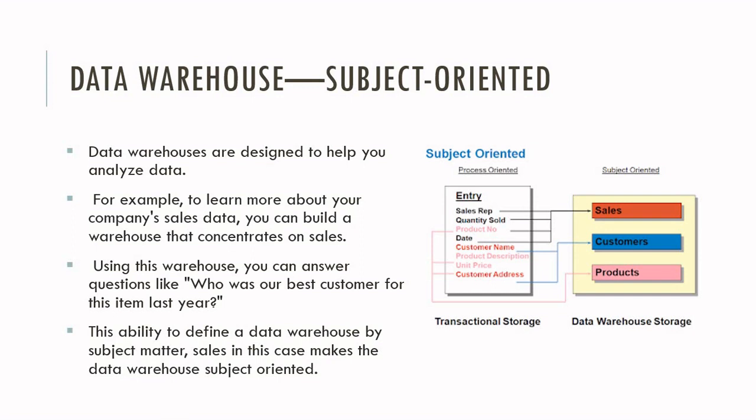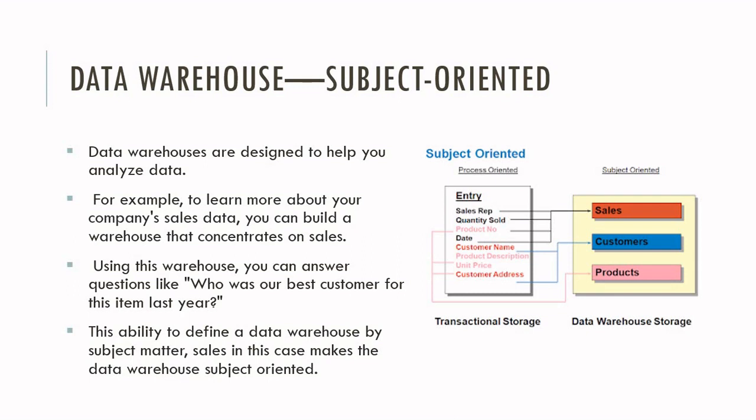For example, the sales receipt, quantity sold, date and product number belong to the category of sales. So this data is stored in the sales data warehouse.